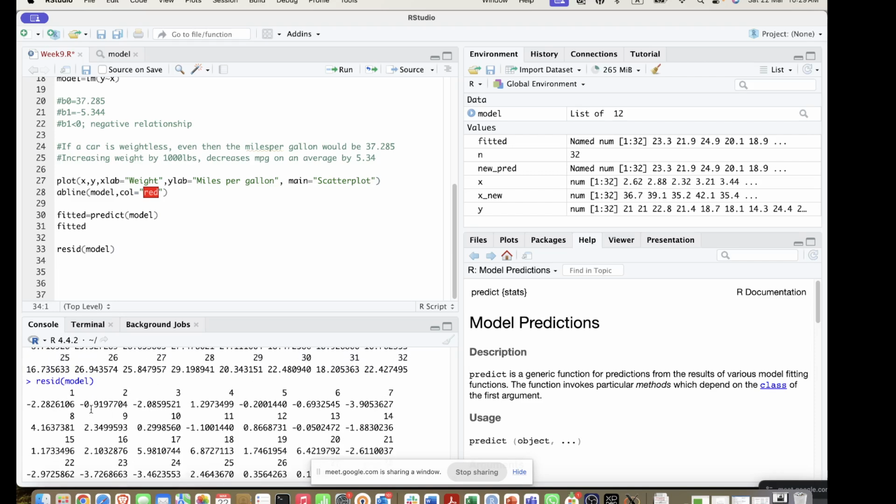This is actually giving us the residuals of the model. Alright, so this is how the residuals would look like.